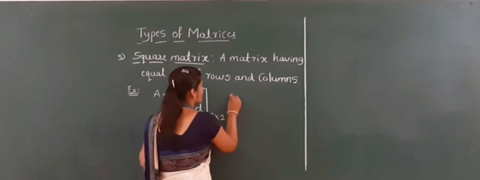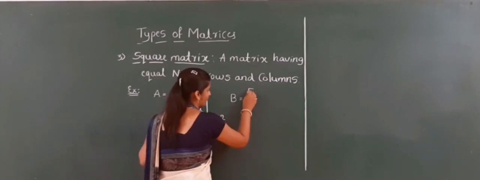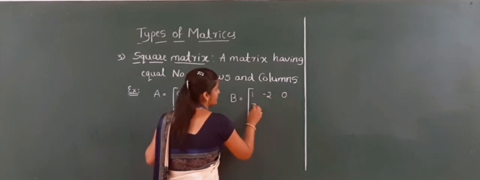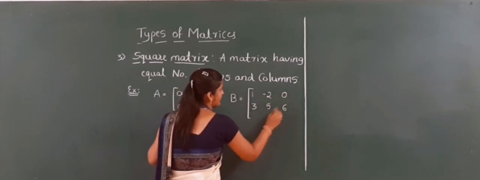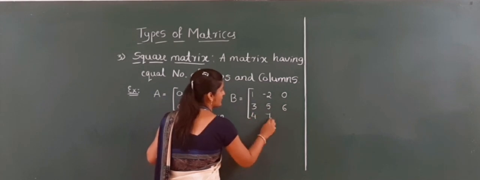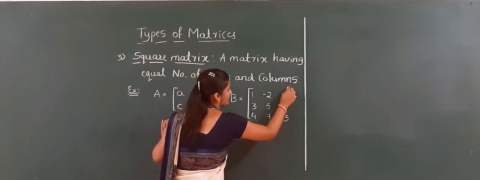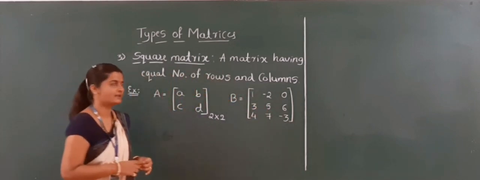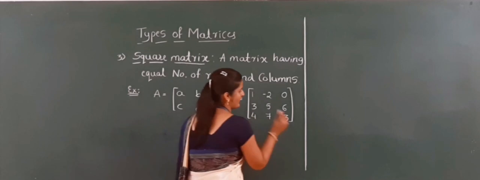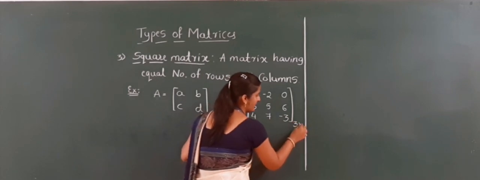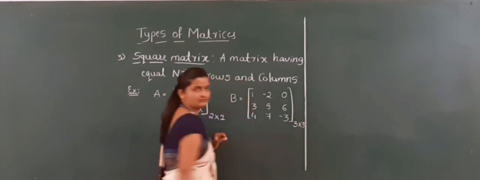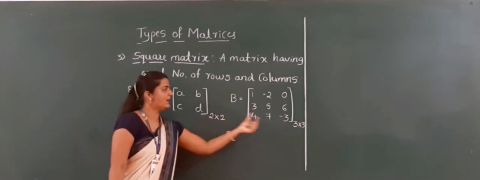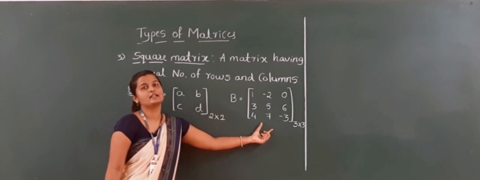Similarly, I will write another example: 1, minus 2, 0, 3, 5, 6, 4, 7, minus 3. Tell me whether this is a square matrix. Yes, this is a square matrix of order 3 by 3. So this is a square matrix of order 2 by 2 and this is also a square matrix of order 3 by 3.